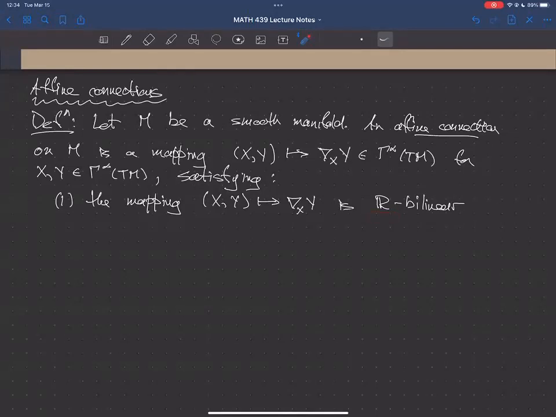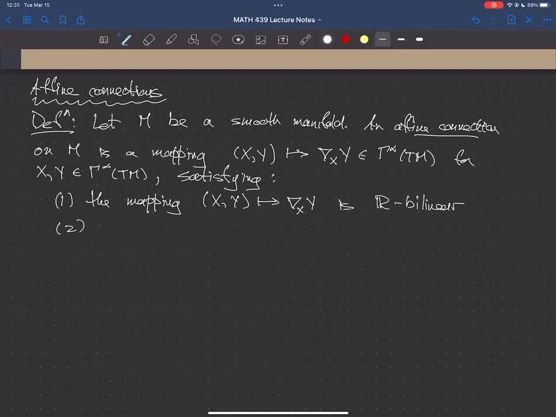So real scalar multiplication, because the space of vector fields also has a multiplication by functions. If you take a vector field X and you multiply it by a function, you can make sense of that as a vector field. And so when I say bilinearity here, I mean that it's linear in each of its arguments with respect to scalar multiplication, not function multiplication. Because with respect to function multiplication, it has its own different set of rules that are important. And those are part of the definition.